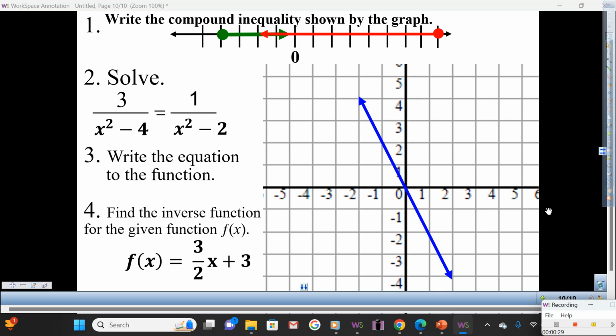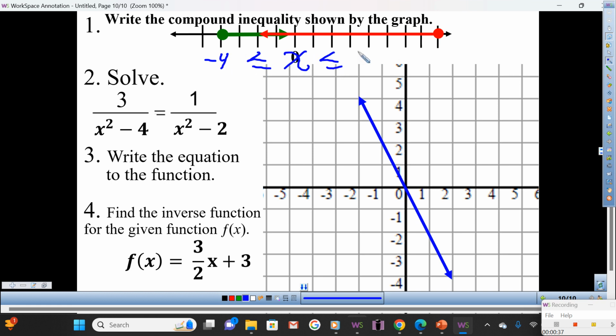All right, here we go. Number 1. What'd you get for number 1, Courtney Jean? Inequality. Nine. 1, 2, 3, 4, 5, 6, 7.